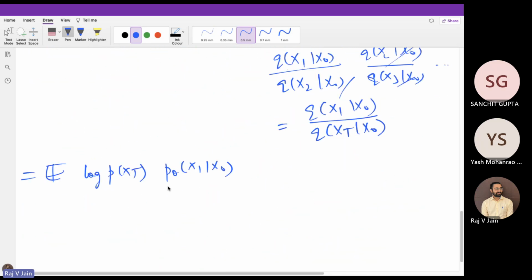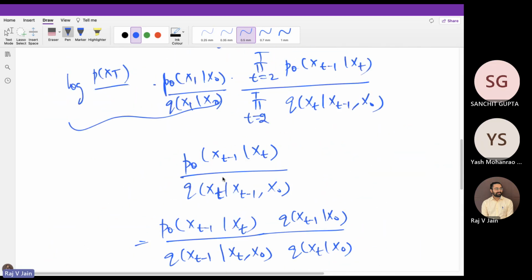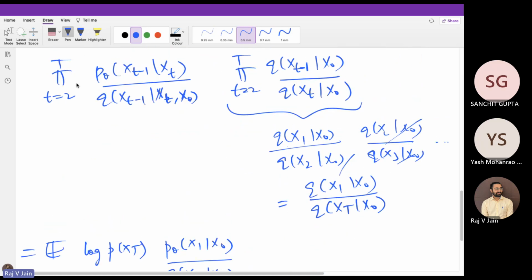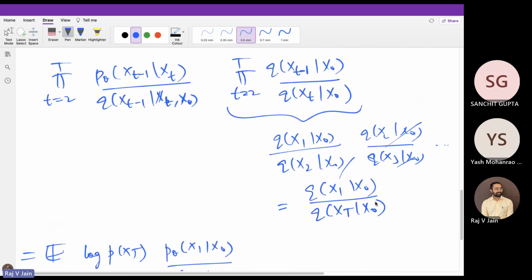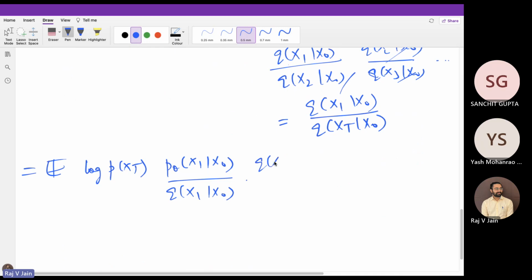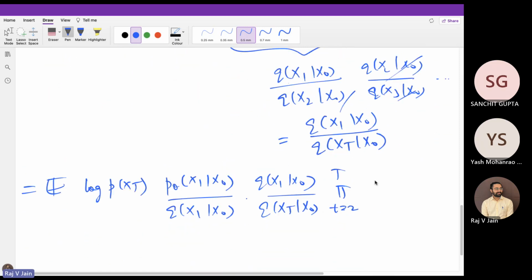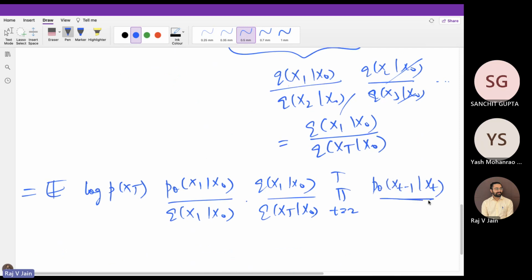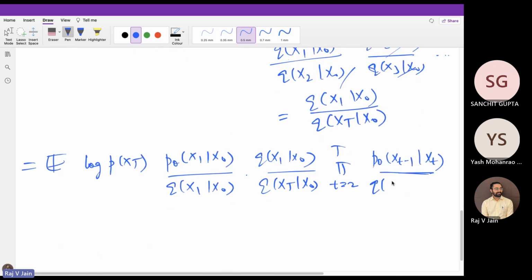So by q(x1 | x0), correct? Then this product turned out to be this product into this term. So into q(x1 | x0) divided by q(xt | x0) into product t equal to 2 to capital T of p theta(xt minus 1 | xt) divided by q(xt minus 1 | xt, x0). Is it clear?